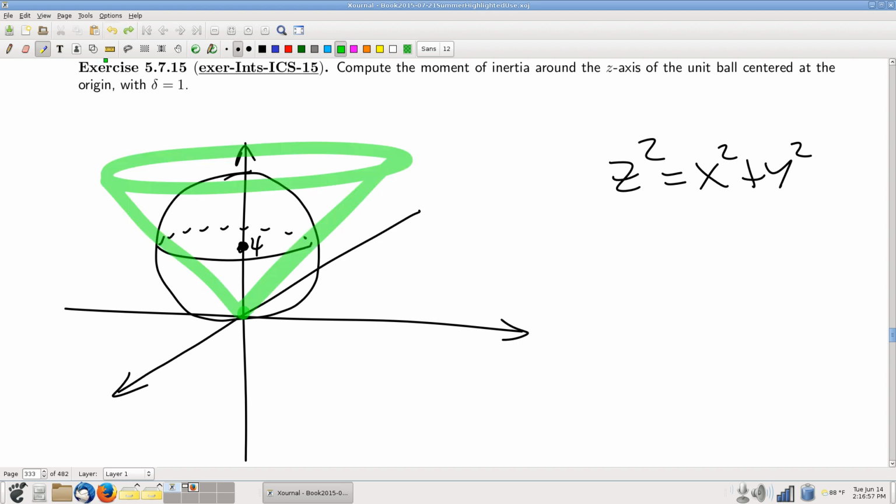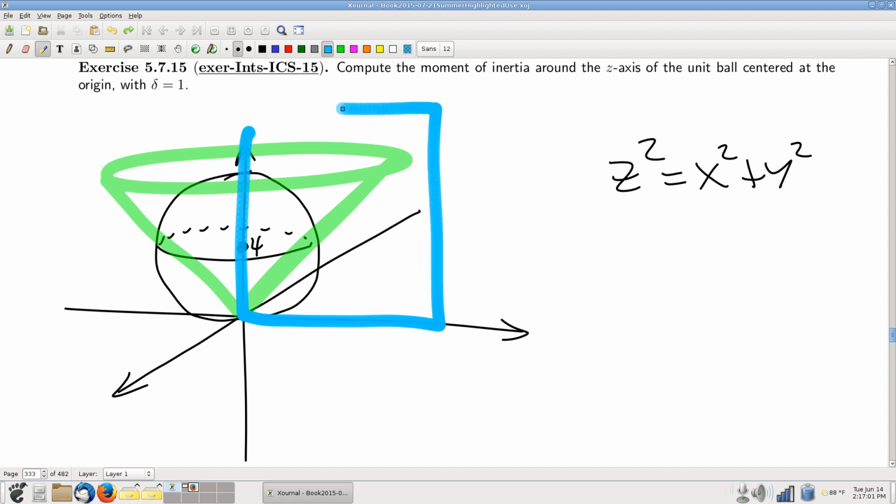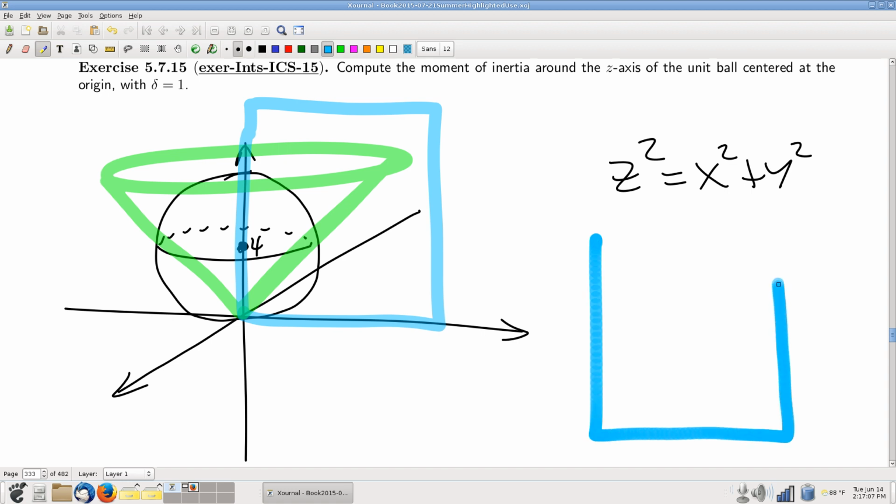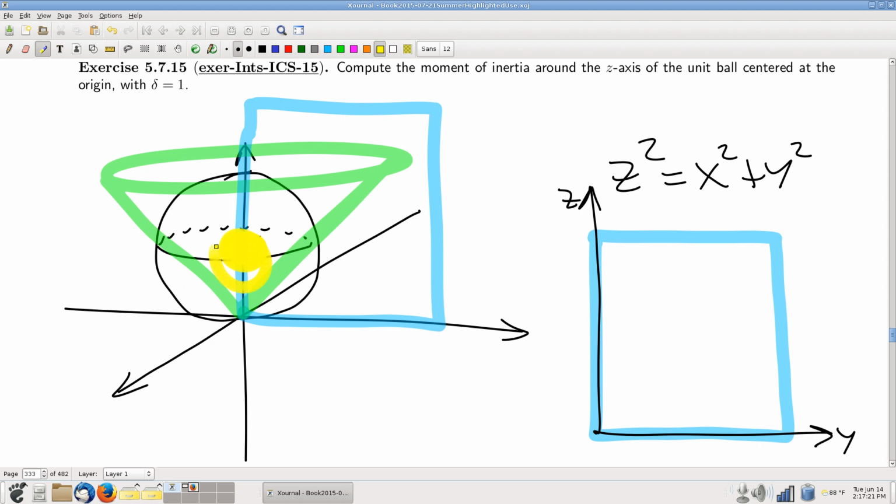I didn't mean to erase that. Let's look at both of these inside of that half plane. All right, so that half plane over here. Keep in mind this is the z-axis and this is the y-axis. So my ball is all of that.